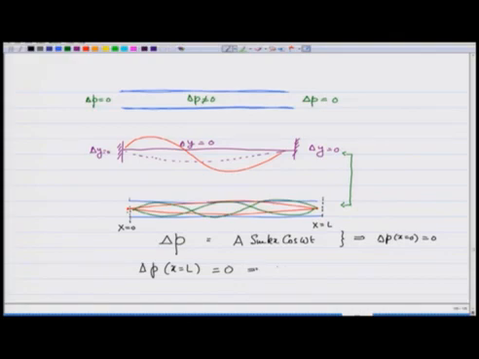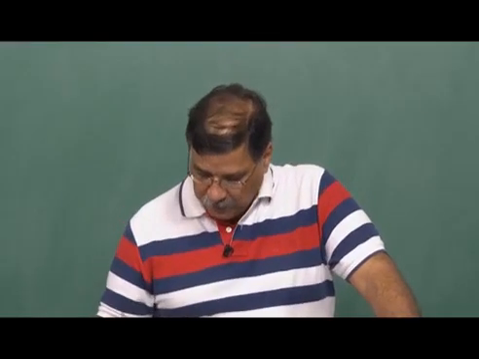This means that sine of k L is equal to 0 at all times, and therefore, k is going to be n pi over L, exactly in the same manner as it was for the string.